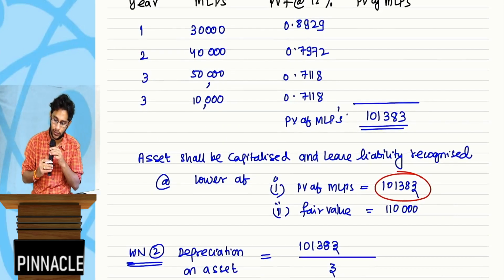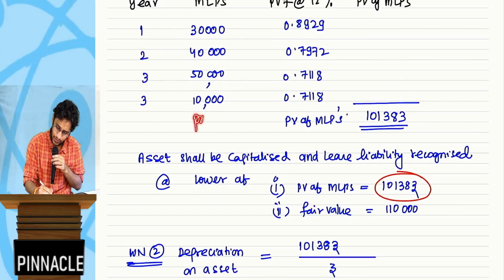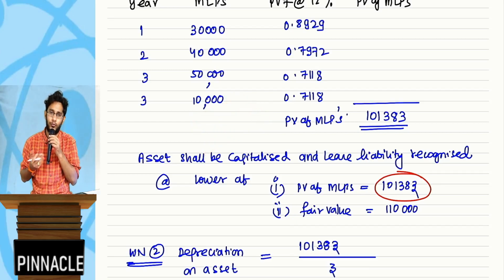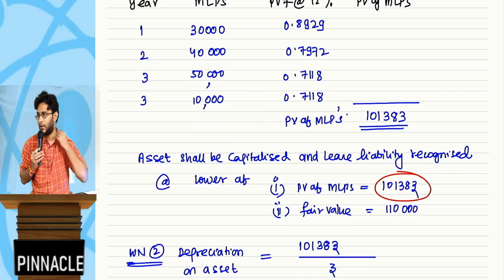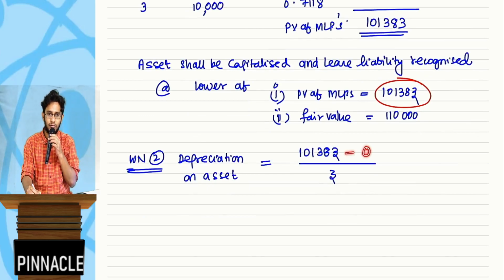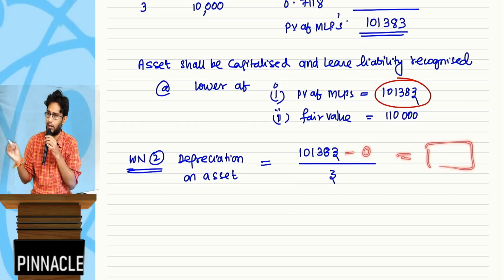The 10,000 I wrote here is a promise made to the lessor. Whether I really have to pay the 10,000 or not depends on the actual value of the asset at the end of 3rd year, which I believe it to be. I don't know what I believe. The question did not give it. So if you believe that asset value will be 0, no problem, there is no residual value in the depreciation.